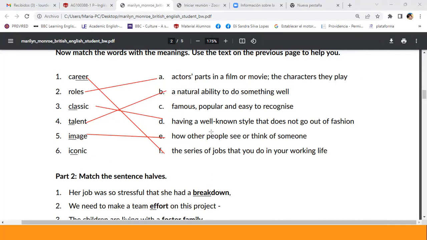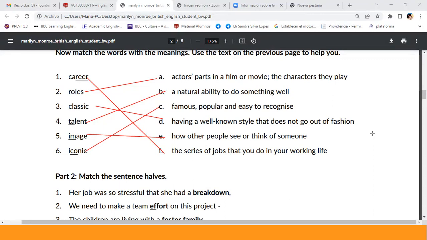How other people see or think of someone. Right. Okay. Finally, iconic, Loreto. Iconic, famous, popular, and easy to recognize. Right. Iconic.